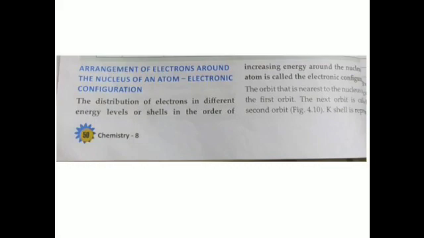So we will discuss the arrangement of electrons around the nucleus of an atom, and this is referred to as the electronic configuration. So the distribution of electrons in different energy levels or shells in the order of increasing energy around the nucleus of an atom is called the electronic configuration. So this is what we are going to study today.